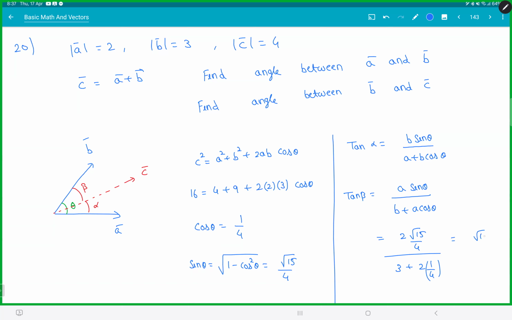This will be root 15 by 3 plus half, that is 7 by 2, so root 15 by 7. This is your tan beta, everyone, where beta is the angle between b bar and c bar. So using formulas, you'll get this.